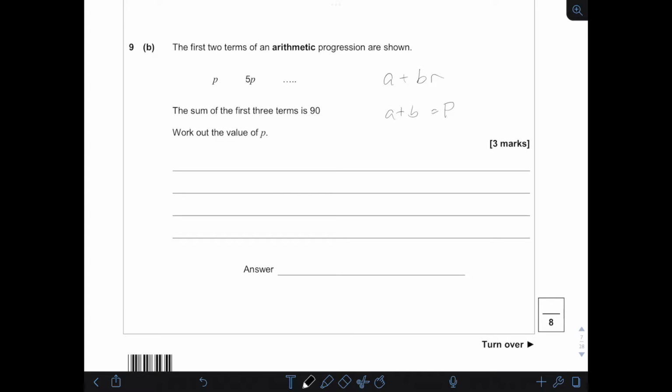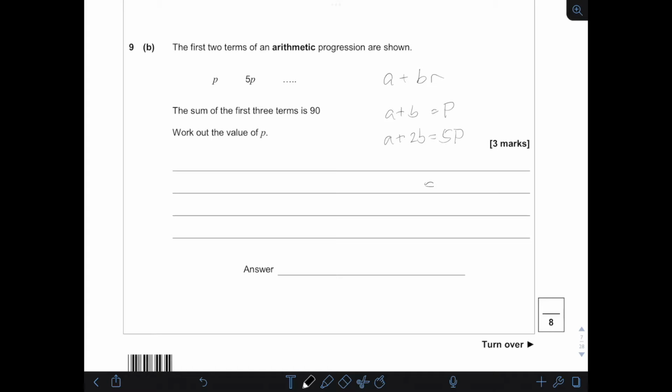We know that the second term is 5p, so you know that a plus 2b equals 5p. So now we can again do a bit of a subtraction of equations.